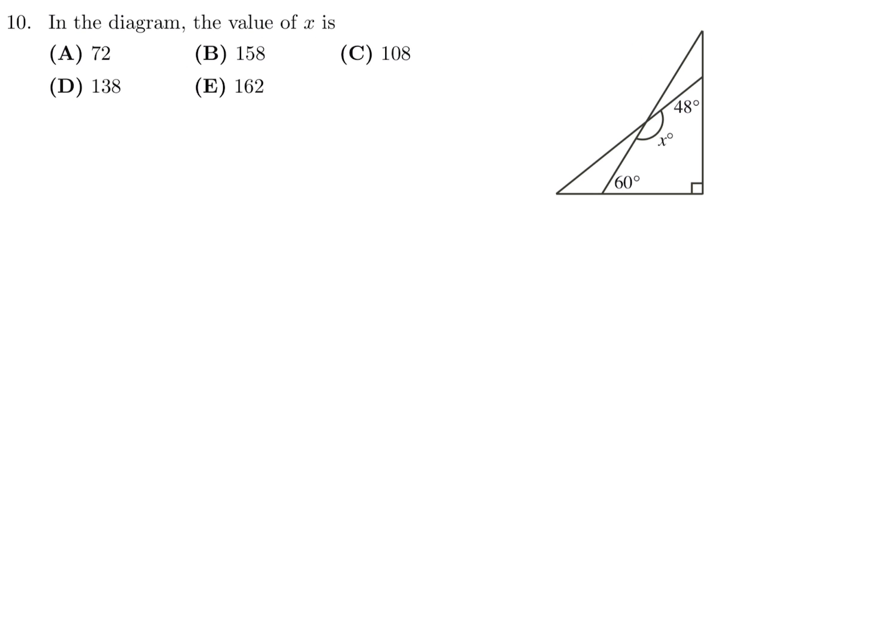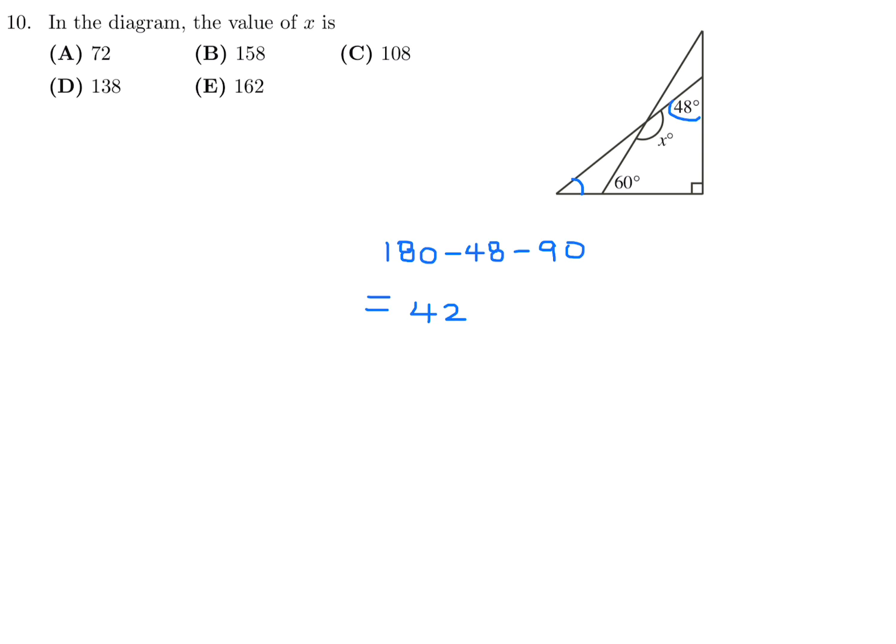In the diagram, the value of x is, well, this is 48, this is 90, that's what that symbol means. So this is going to be 180 minus 48 minus 90, since the sum of the angles of a triangle add up to 180. And if you do that, you get 42.